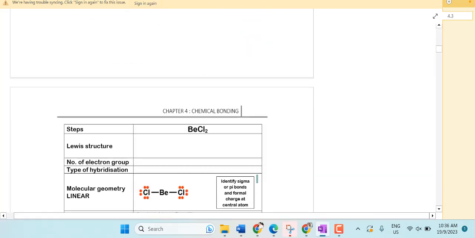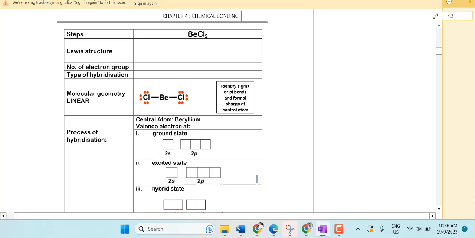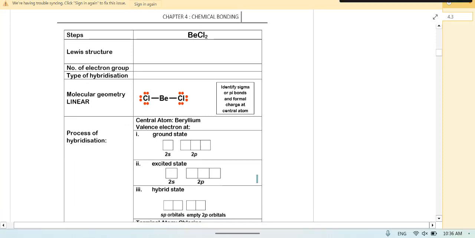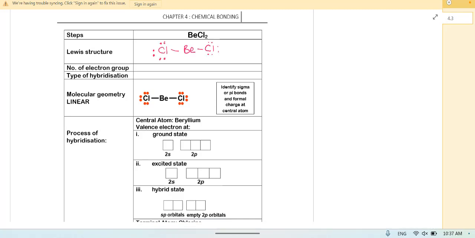Next we are going to learn about the hybridization process, how a hybrid orbital is formed. In order to do the hybridization process, you always need to draw the Lewis structure. Based on the correct Lewis structure, you need to determine the number of electron groups.